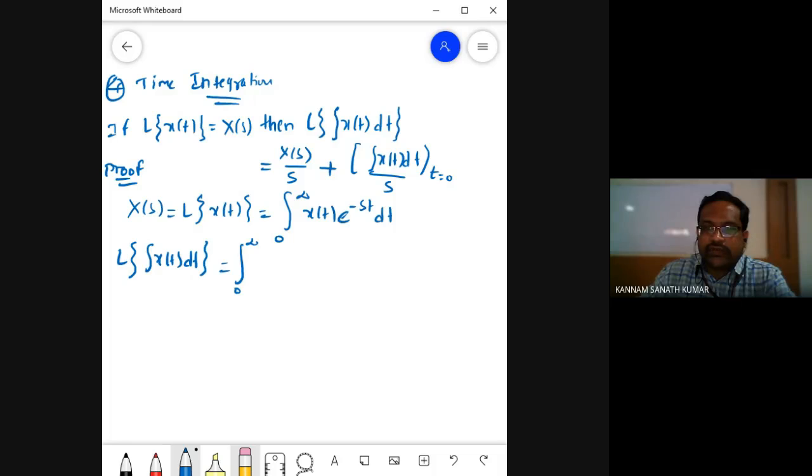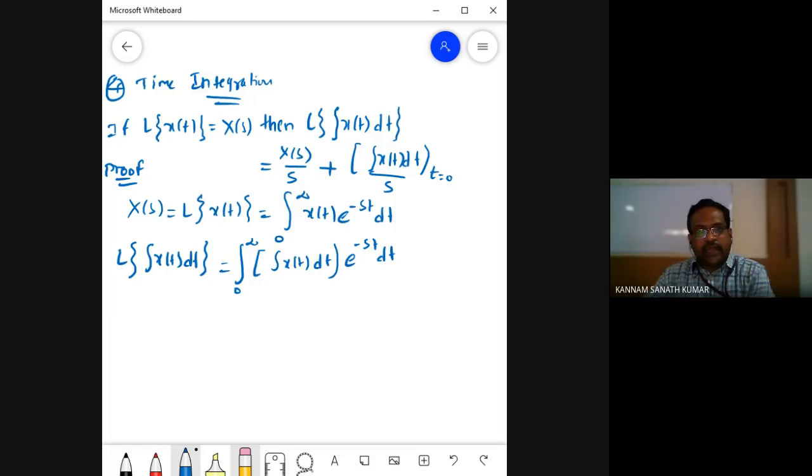So that is equal to what? Integration 0 to infinity, again the function, integration x of t dt into e power minus st dt. Now again you have to find it in terms of the uv formula. You have to take the integration as first function and the exponential as second function.